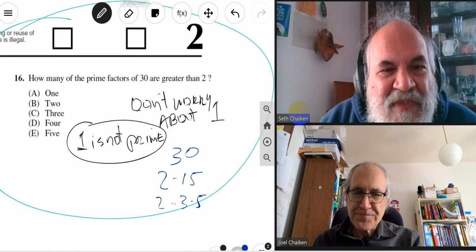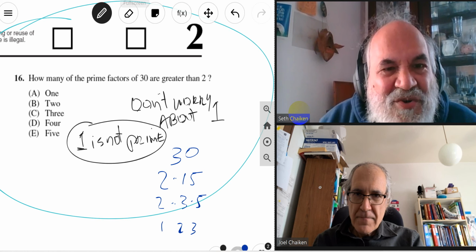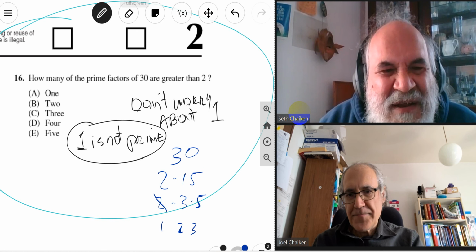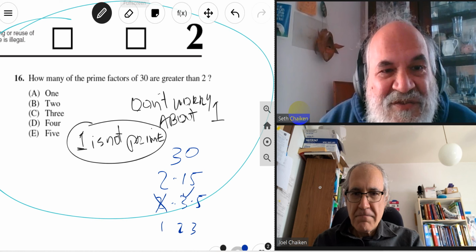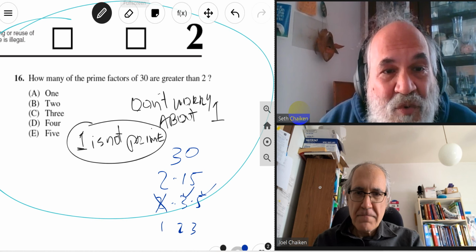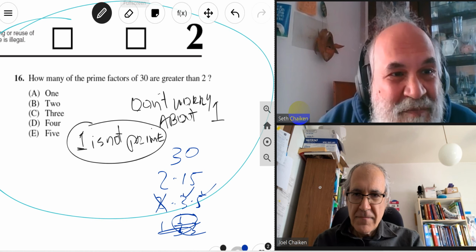Now we have 3 prime factors: 2, 3, 5. Just count them up. How many of them are greater than 2? Well, 2 is not greater than 2. 3 is greater than 2. 5 is greater than 2. Count them up: 1, 2. The answer is 2.